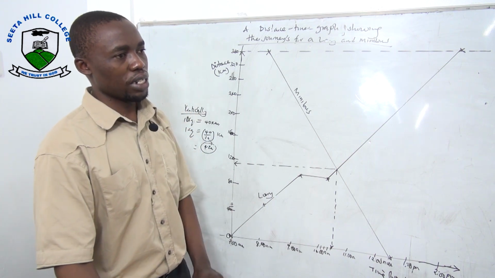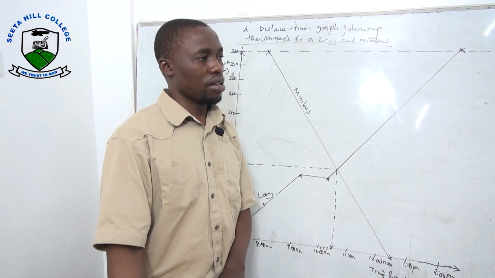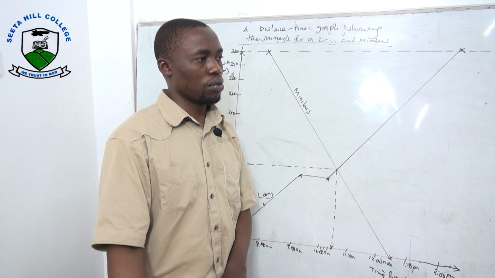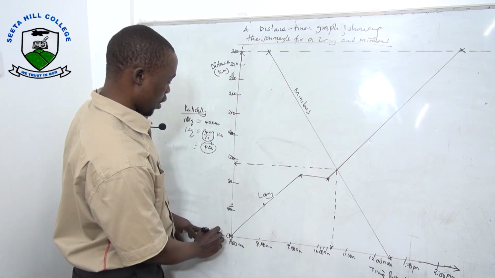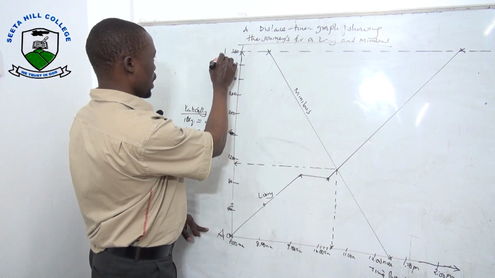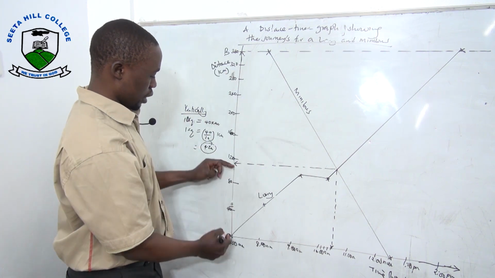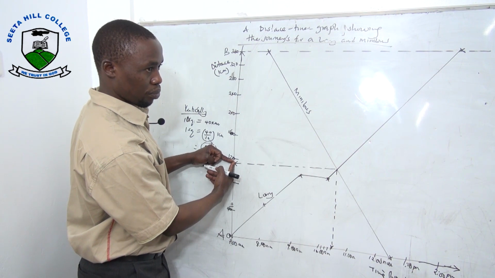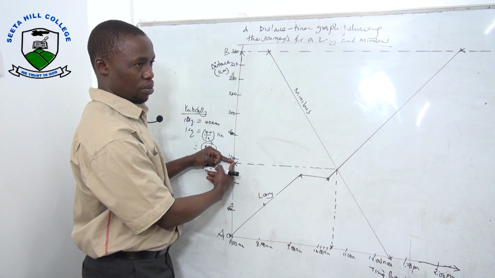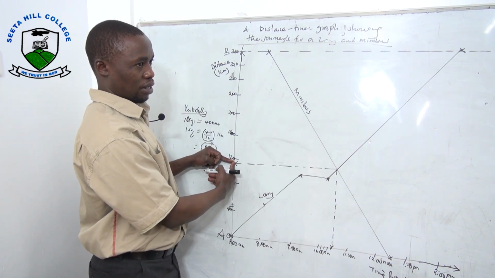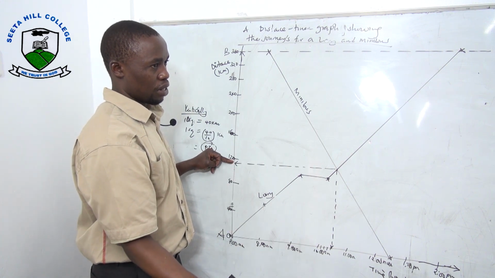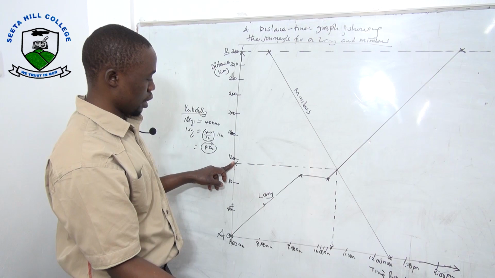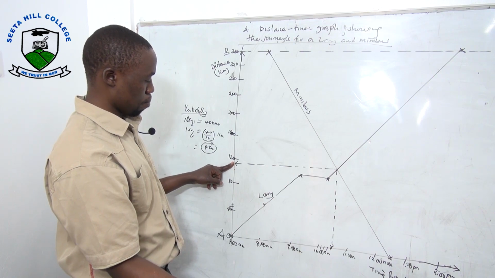Next question. Find the distance from A where? From A. A was here, not so? Yes. And B is where? You read this distance, not so? On your graph. If you are not aware, you just count the boxes here.